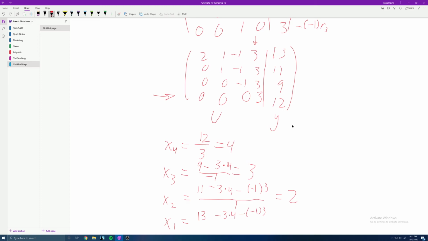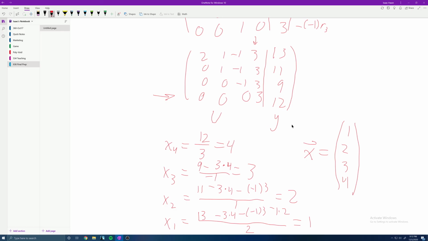Negative 1 times 3, minus 1 times 2, over 2. I think when you evaluate that, you get 1. So our x vector solution is going to be the vector 1, 2, 3, 4. And we've just solved it using Gaussian elimination.